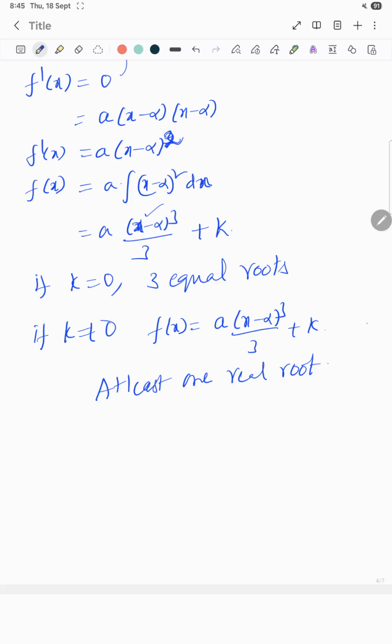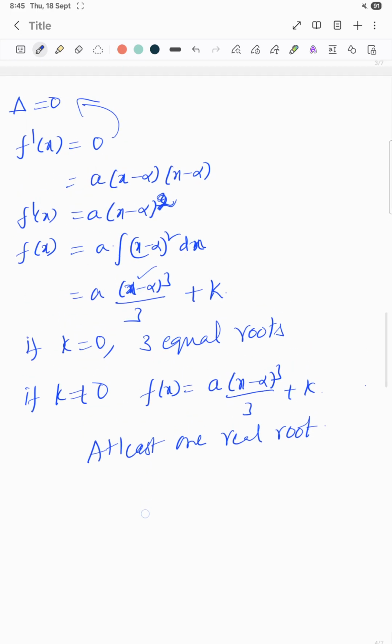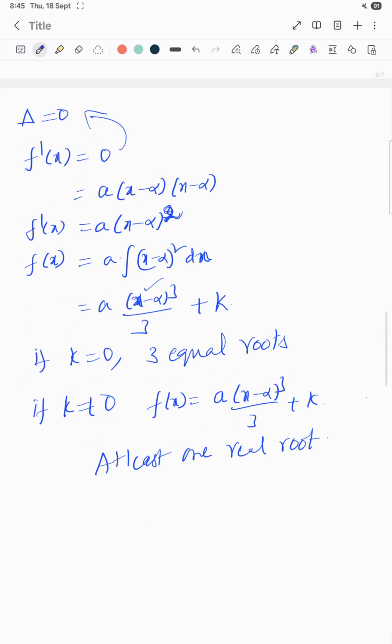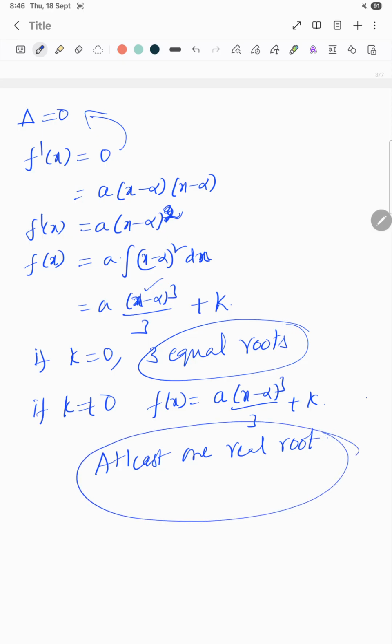For some value of alpha, f of x becomes 0, so at least one real root will exist. All 3 complex roots is not possible, because complex roots always occur in pairs. So this is case 2. When delta is equal to 0, you will have either 3 equal roots or at least one real root, based on the value of k.